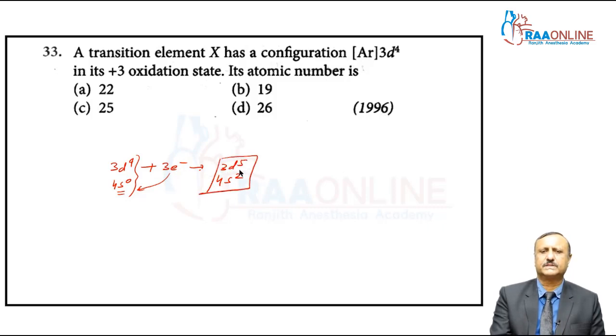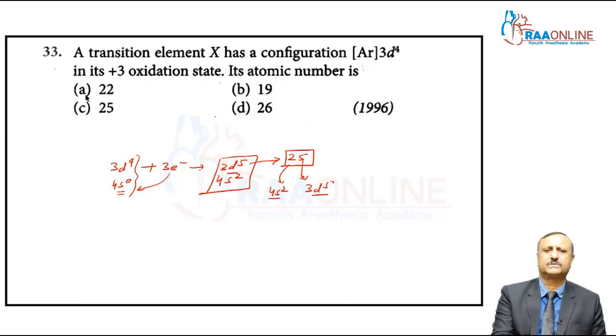So the outermost electronic configuration is 3d5 4s2. My dear students, 3d5 4s2 means atomic number 25, because 5 gives us 3d5 electronic configuration and 2 gives us 4s2. So when you see question number 33, you go to option C. This is also a trick to calculate atomic number and electronic configuration.